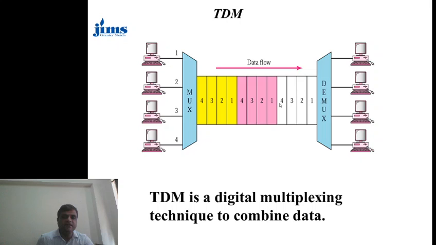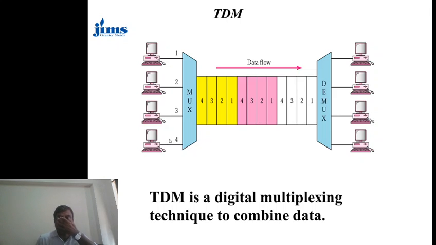Then in the second interval, again the second time slot of the first, second time slot of the second, second time slot of the third, second time slot of the fourth. Again it will combine. Similarly in the third case, the third time slot of the first, second, third and fourth are again combined.